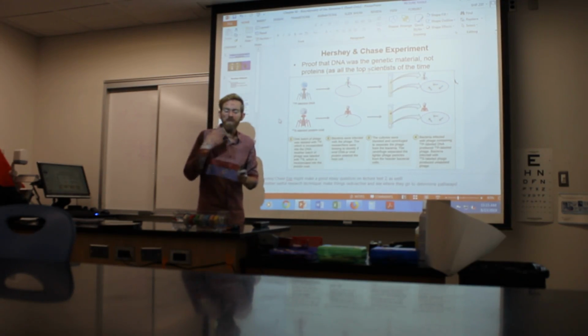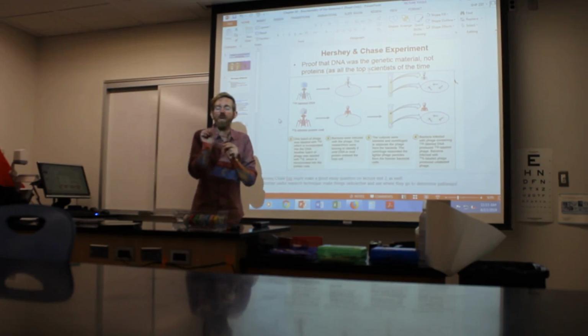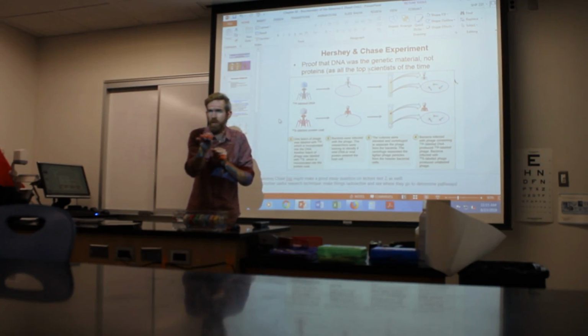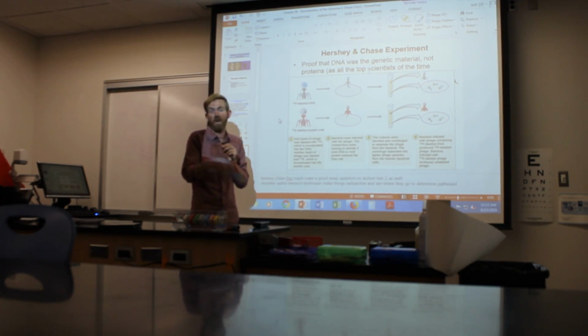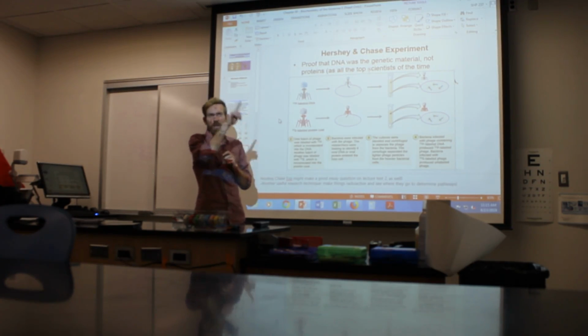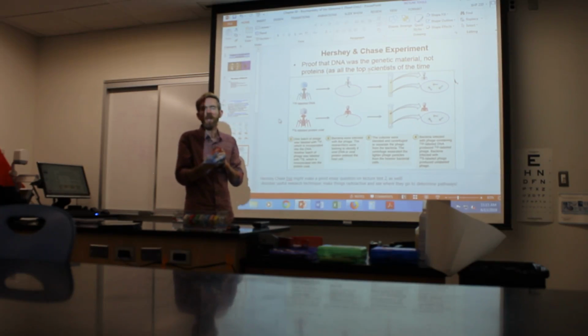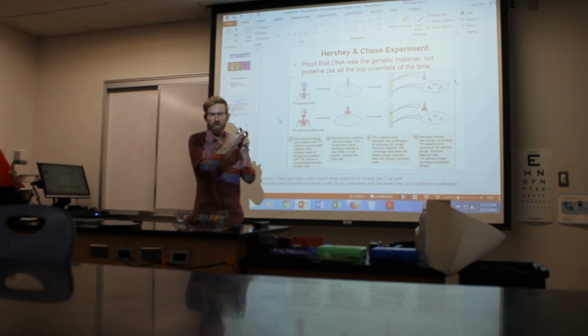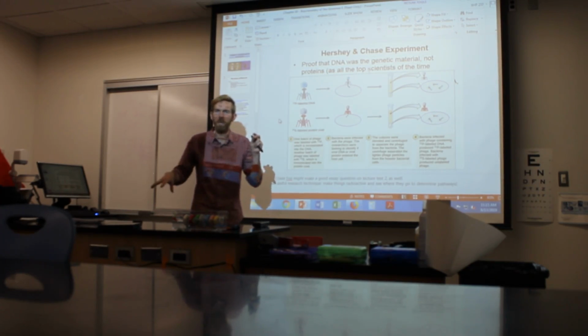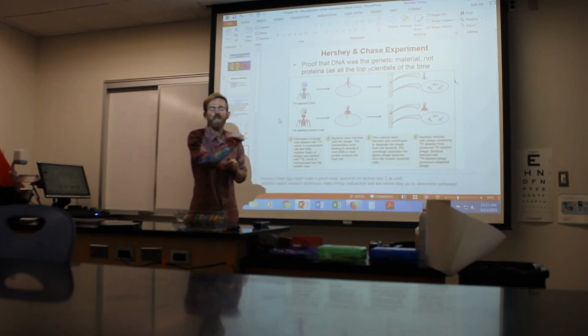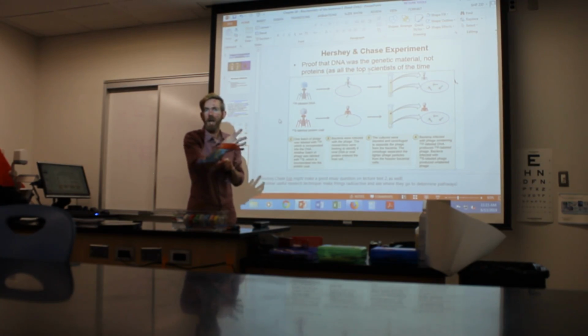They grew one set of viruses and added radioactive phosphorus. Remember, in the last chapter we looked at the geological cycles. Phosphorus is key in making DNA, but there is no phosphorus in amino acids, in protein. So by adding radioactive phosphorus to a batch of replicating viruses, they incorporated it into their DNA.